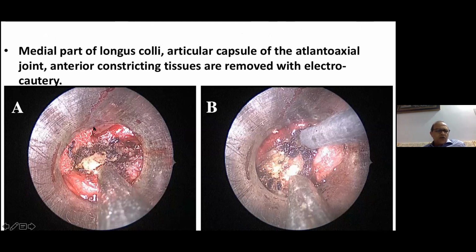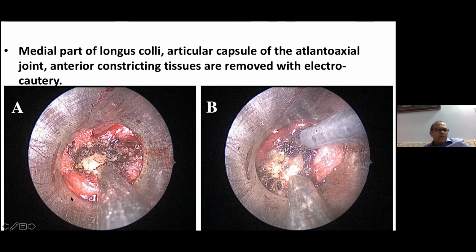You have to coagulate. But I have already told you that you should be very careful about the ICA. Sometimes it is medially angulated or maybe a loop there. So if it is there, then you bluntly dissect first and then coagulate under vision safely.